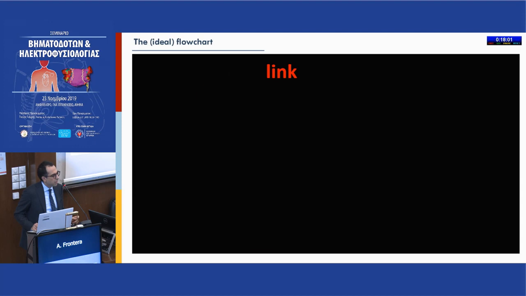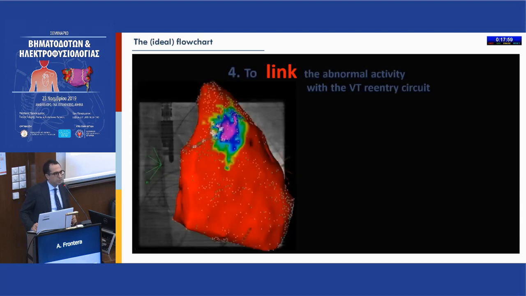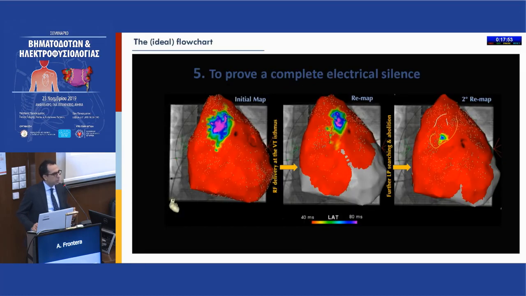So then you want to link the abnormal activity you have recorded with the VT reentrant circuits, because you want to establish an endpoint. The endpoint is to have the complete electrical silence. You see the first map on the left is the one we started with. So you see there is an area of late potential quite big. Then we ablated.